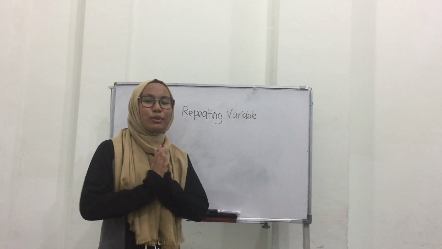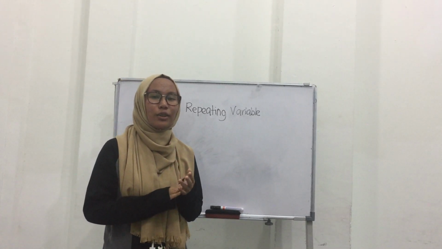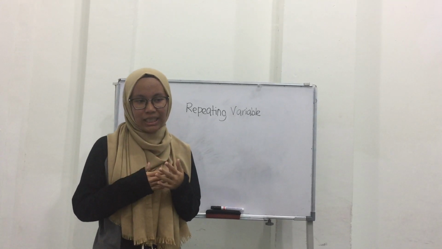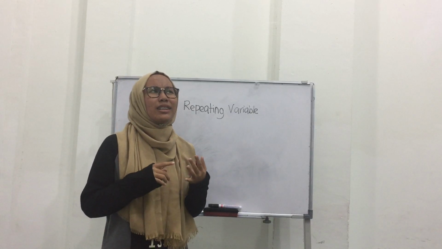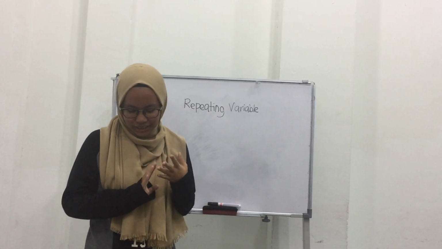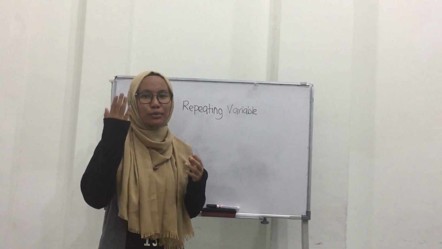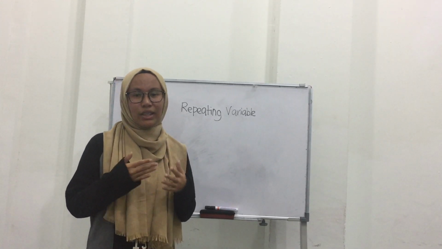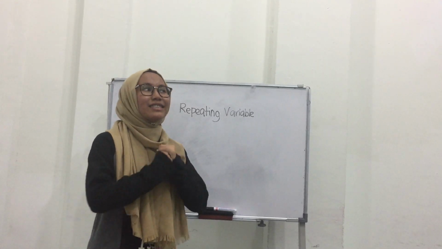Hi, for this topic we need to know what a repeating variable is. Repeating variables are any set of variables which cannot form any dimensionless group. For example, velocity and diameter. This kind of dimension cannot be arranged in any way because the units will be cancelled out, so they will form a set of repeating variables.